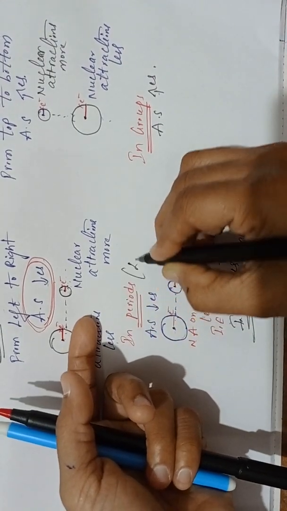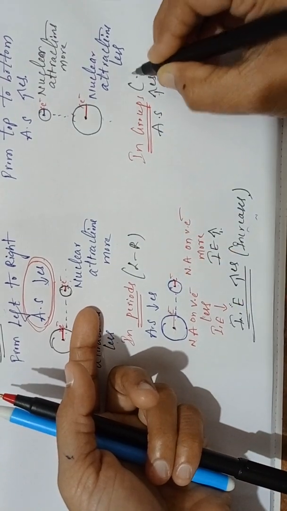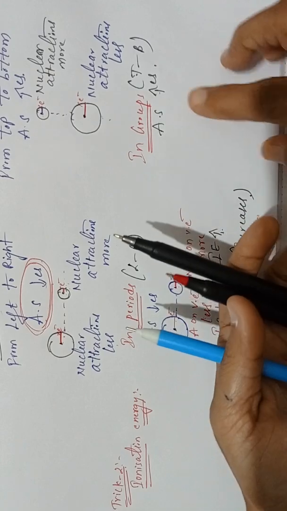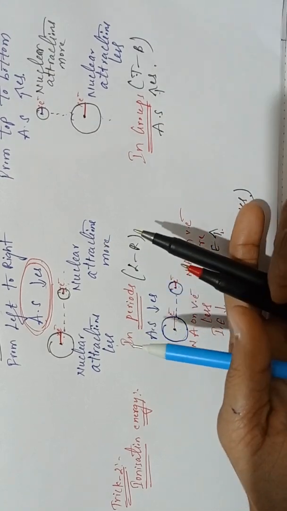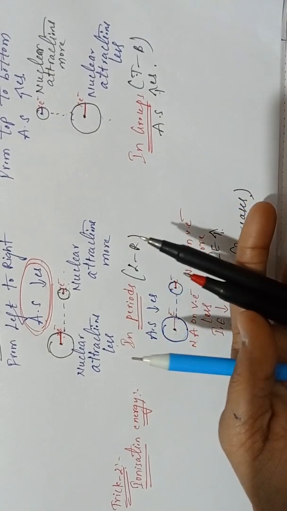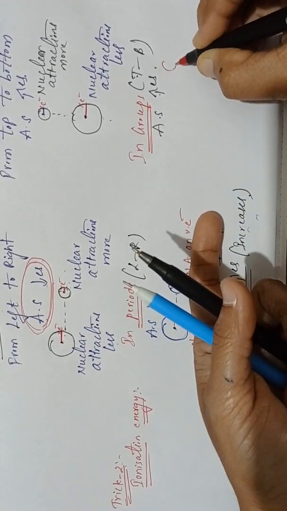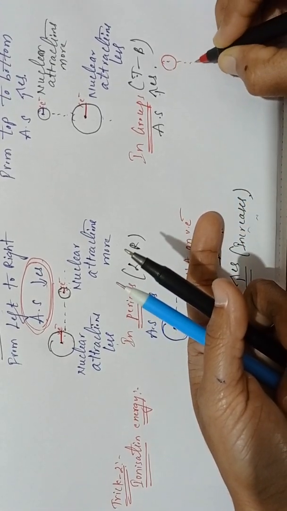In periods means left to right, groups means top to bottom. For example, this is a small atom, this one is a big atom.